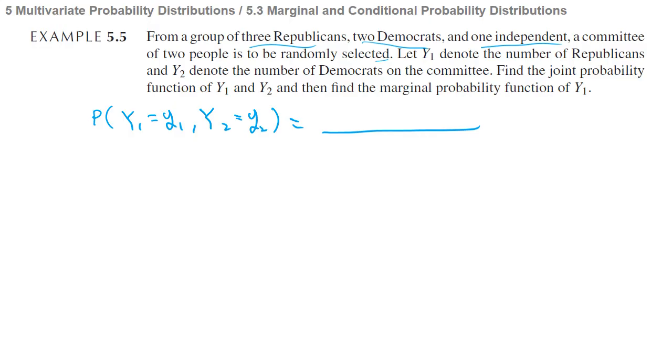The situation is there are 3 Republicans, 2 Democrats, and 1 Independent, so we are choosing a committee of 2 people, 6 choose 2, and among them we want to select y1 Republicans from 3, and y2 Democrats from 2, and 1 choose something.